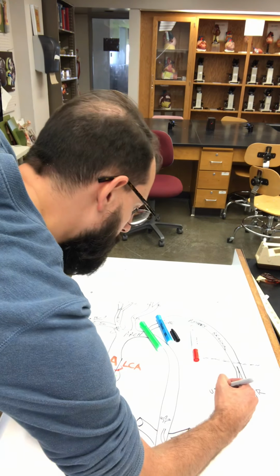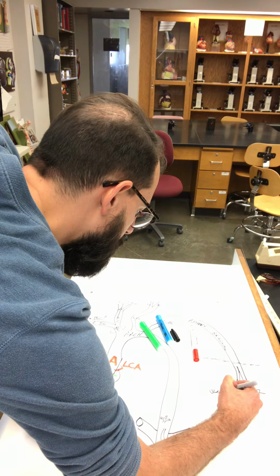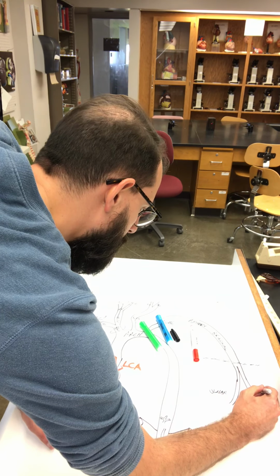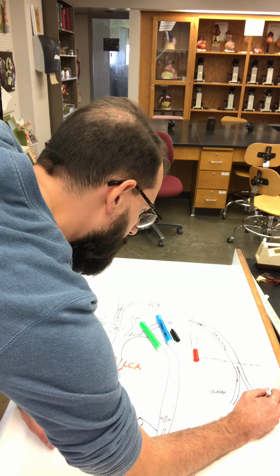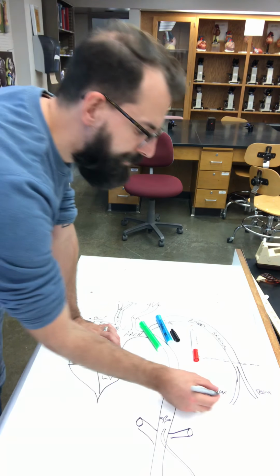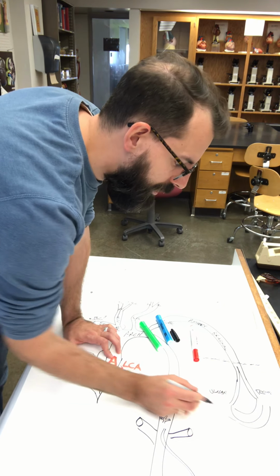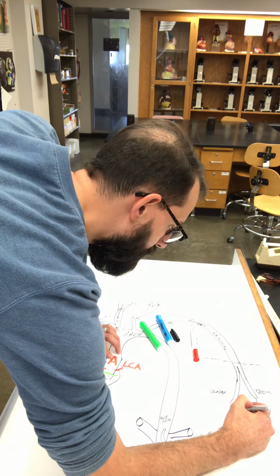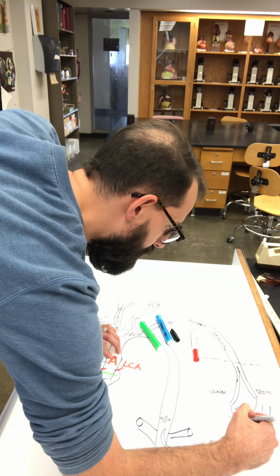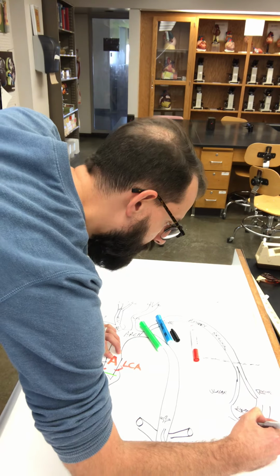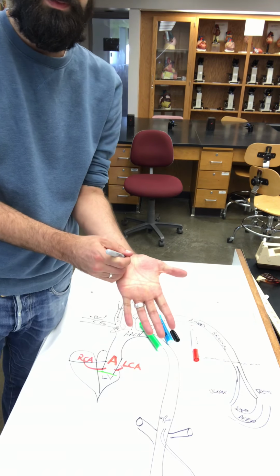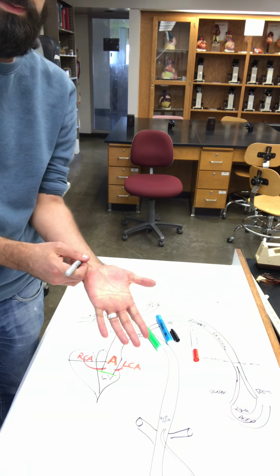So back down to the forearm, there's the medial ulnar and the lateral radial arteries. Okay, these converge to form a superficial and a deep palmar arch, or palmar arcade.